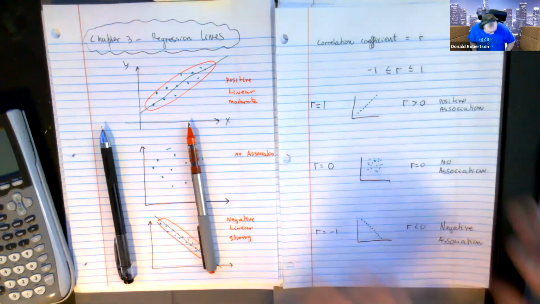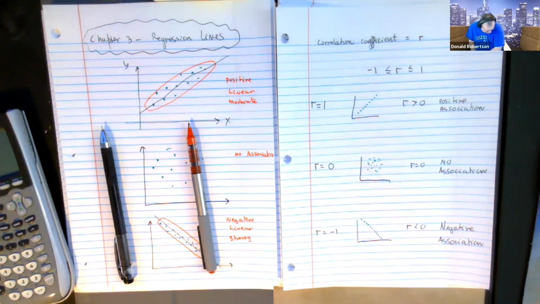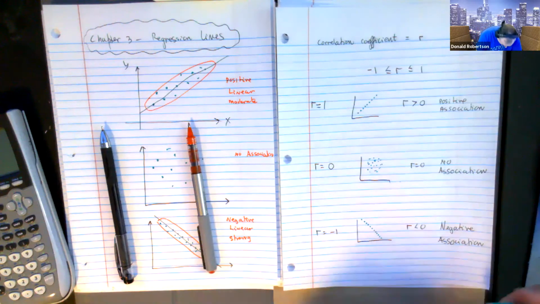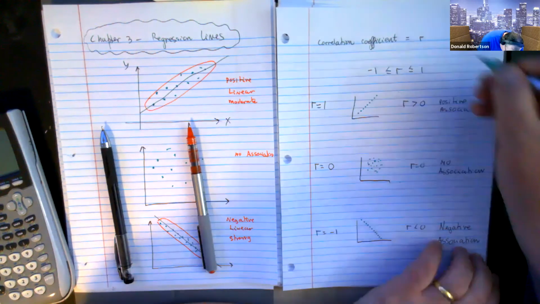Wouldn't it be nice if we had some way of at least deciding moderate, strong, weak? Agreed? If there was an R value or a range of R values that we would be able to say, okay, if it's this number, it's that. So here is mine and just mine. I've qualified it twice now.